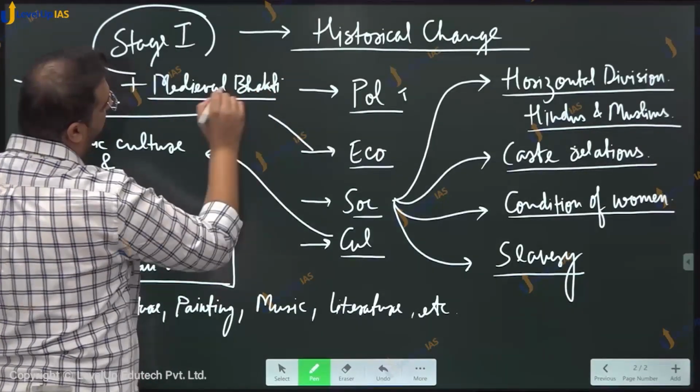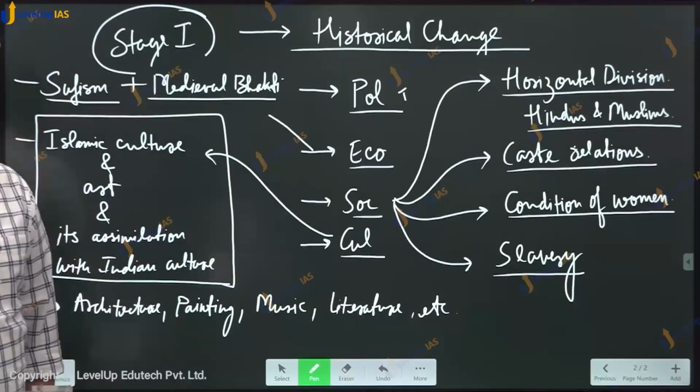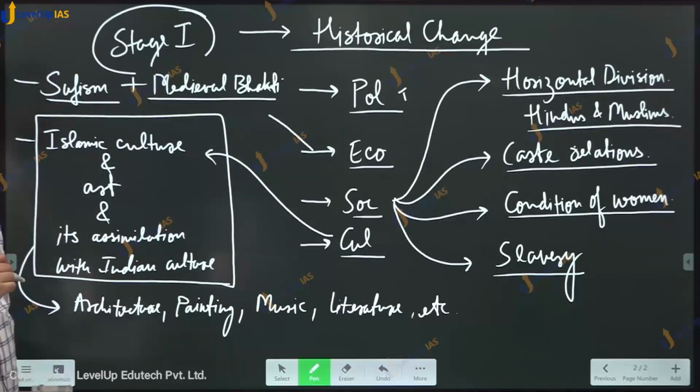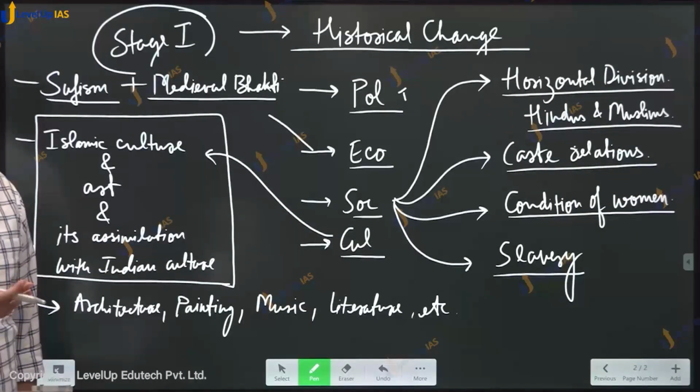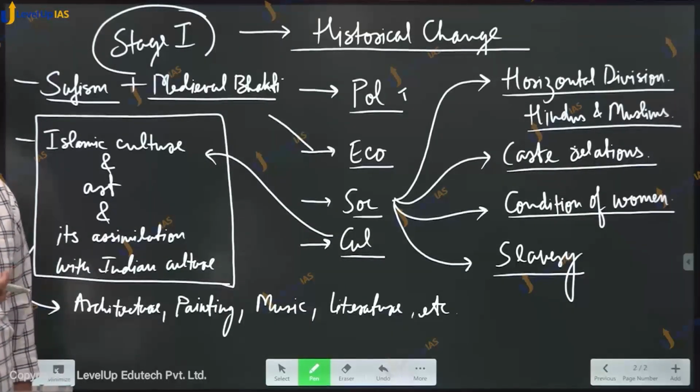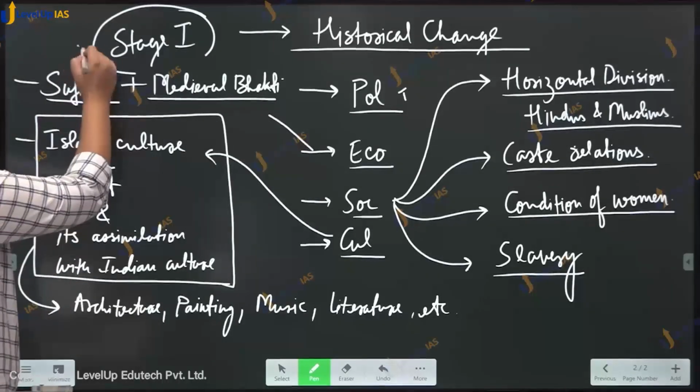We need to talk about the factors responsible for their evolution, for their emergence, their general features, their characteristics, and their influence on various facets of history, including art, economy, trade and commerce, crafts production and polity. ठीक है, तो इन सब के बारे में हम बात कर सकते हैं इन दी फर्स्ट स्टेज.